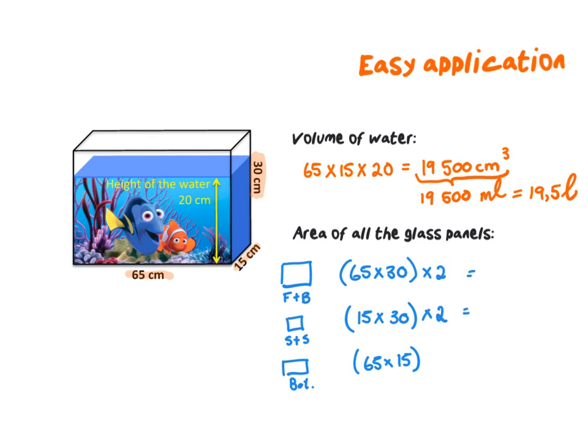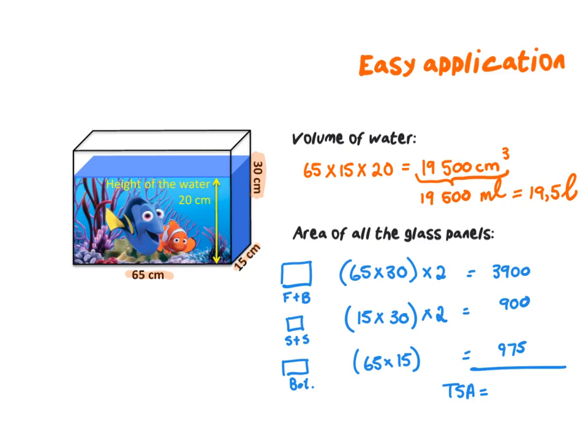So that adds up to 5 different panels. Now let's find our different calculations for each of them. So this first area is going to give me 3,900. The second area is going to give me 900. And my base is going to be 975. All those 5 sides added together will give me my total surface area.